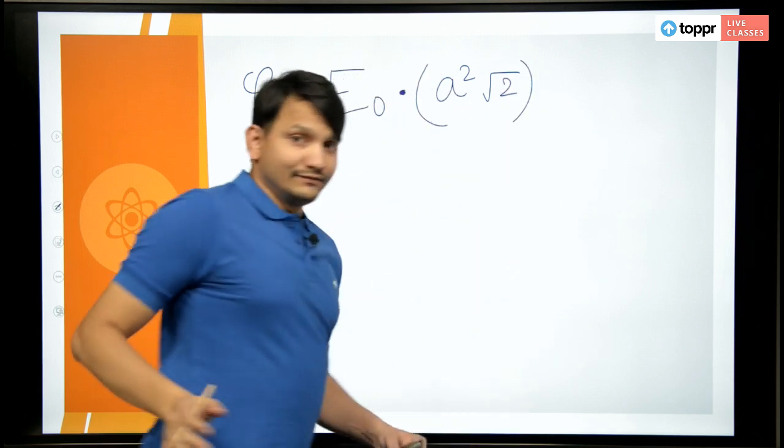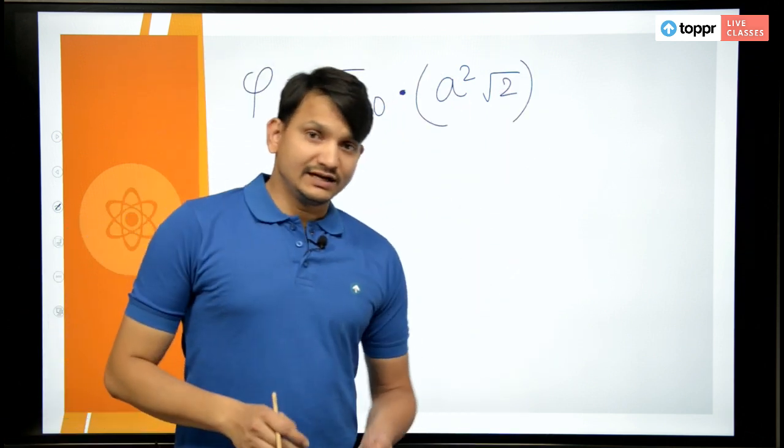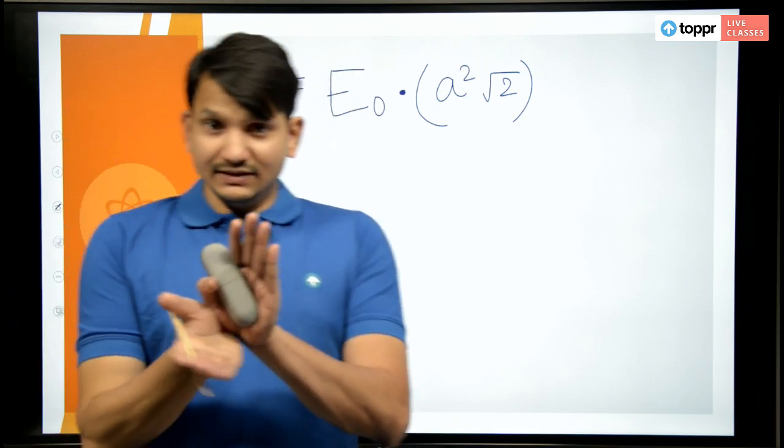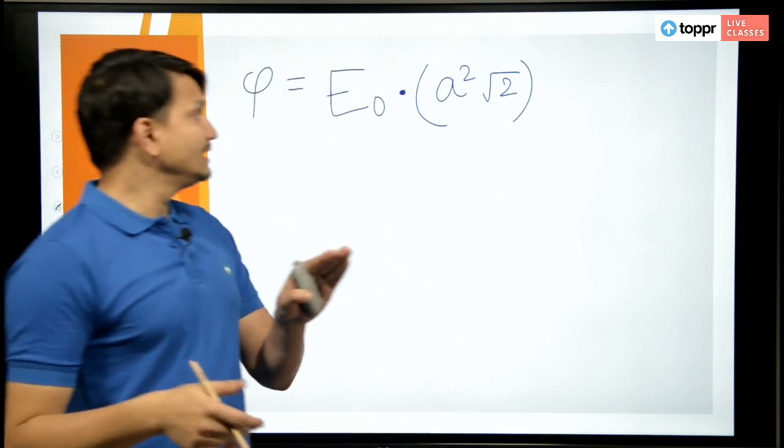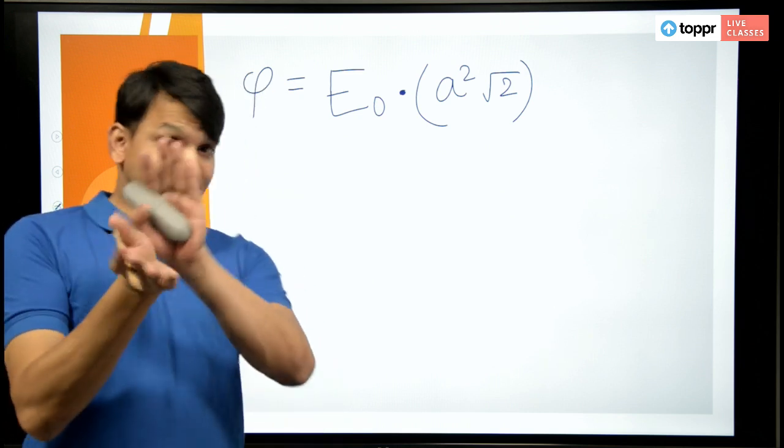Now when we are calculating the dot product, the angle between the vectors is used through its cosine.